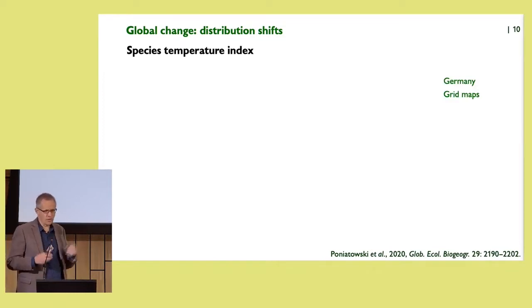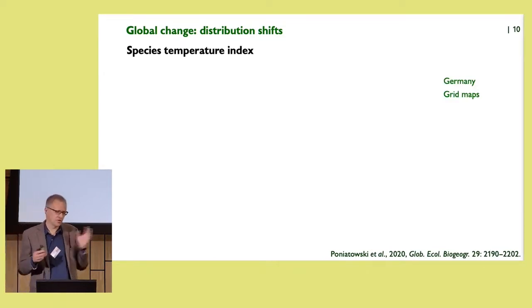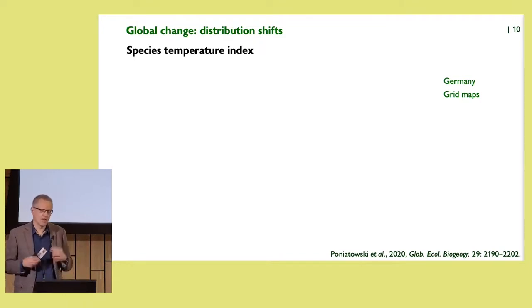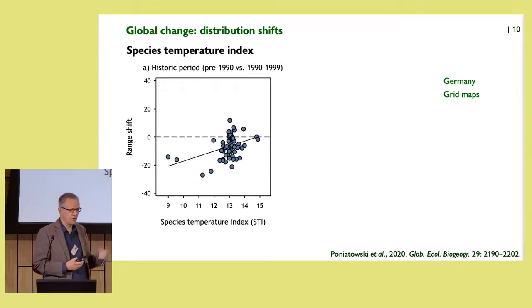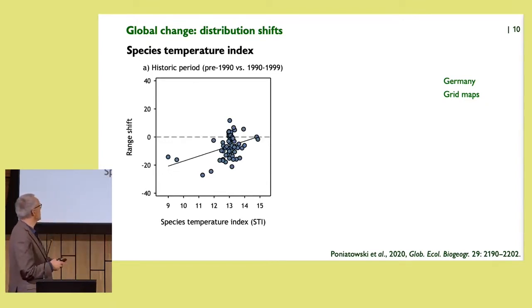Now let's have a look at the temperature requirements of the species and how this affects distribution changes in Central Germany. We used data based on grid maps for Germany, and first we compared a historic period, the period before 1990, with 1990 to 1999.